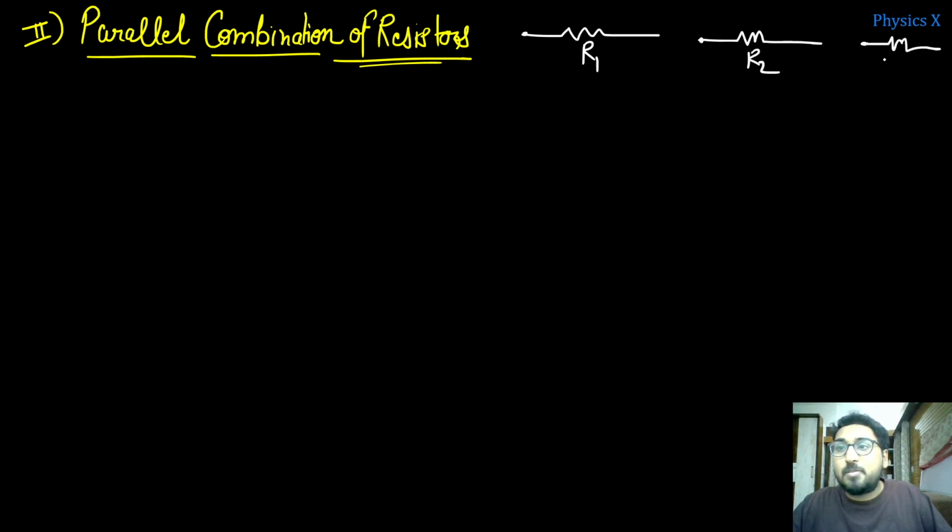Suppose again I have these three resistors, and again I have these terminals. I am naming these terminals, for the first and the last time, so that you can understand the combination.